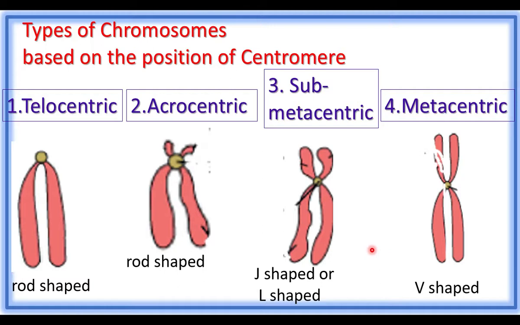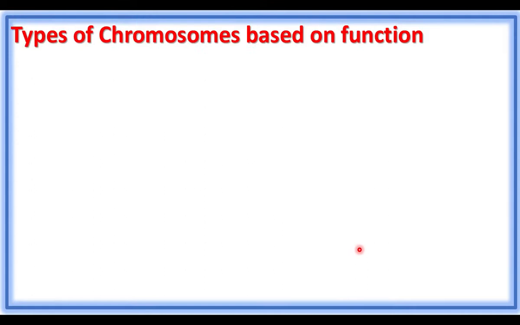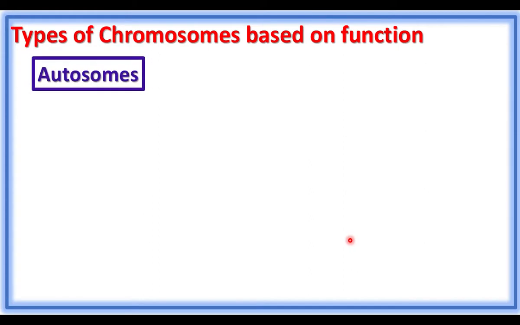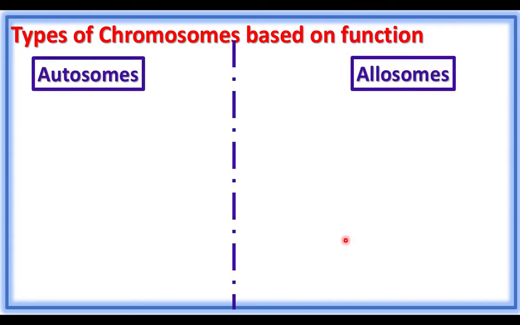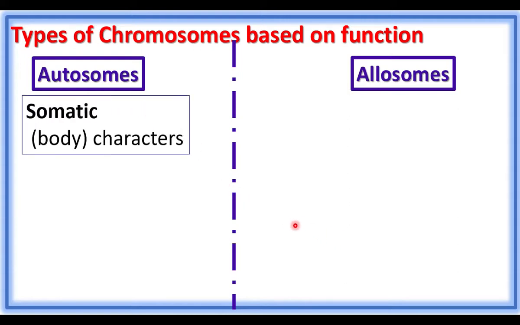Chromosomes are also classified into types based on their function, based on their role. Chromosomes control characters. This is their role. Autosomes and allosomes are the two types of chromosomes based on function. Autosomes control somatic, or body, characters. Examples are height of the individual, color of the individual, hair nature, eye color.